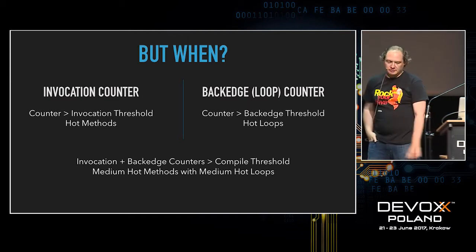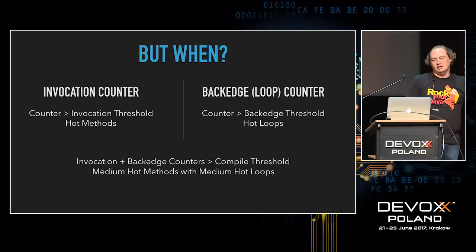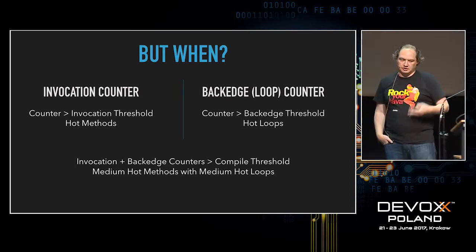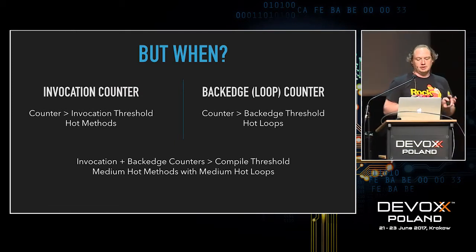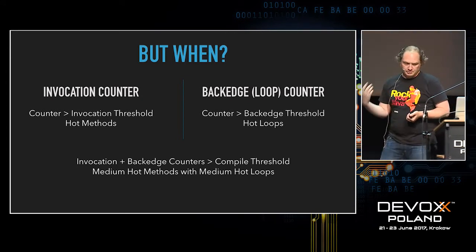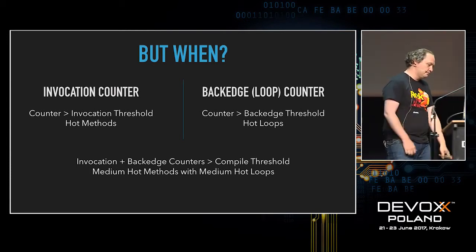The exact when of this happens is not so important, but basically what you should know is every method has an invocation counter, and when a method's been called enough times to pass its invocation threshold, it gets a whole method compilation, and also has what's called a back edge counter, or you can think of it as a loop counter, and when that passes a threshold, we get a loop compilation.